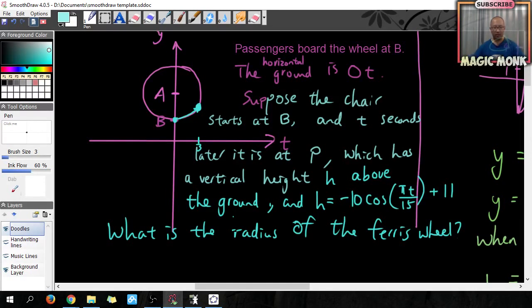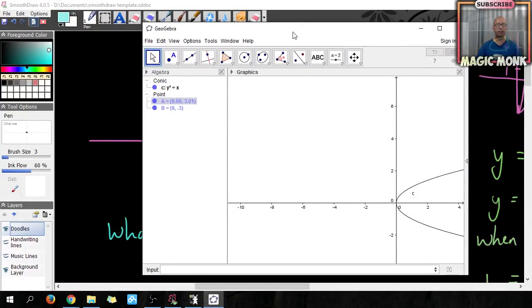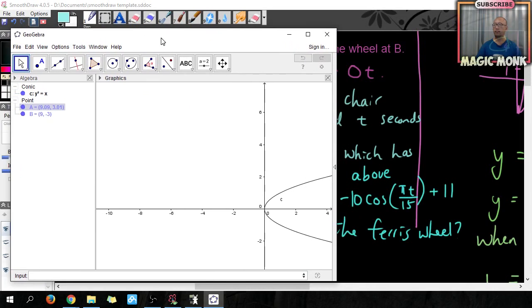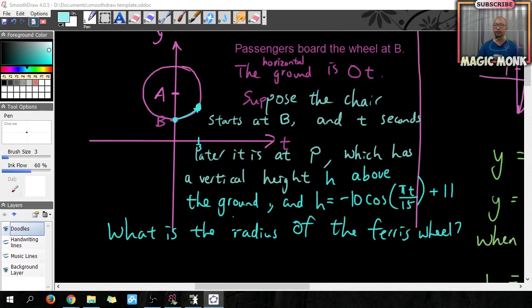So when you get an equation, the first thing I do is graph it, because you have that Casio calculator. So why wouldn't you graph it, right? So you're going to type that equation in. Y equals negative 10 cosine of pi x over 15 plus 11.